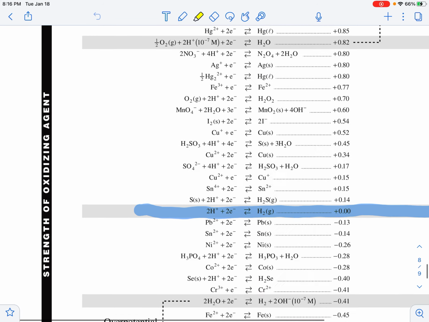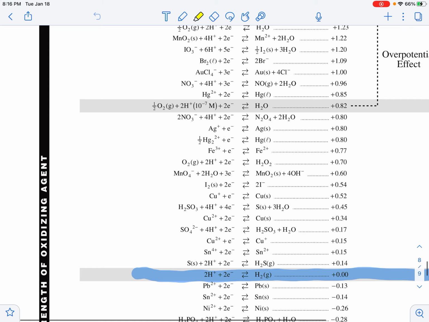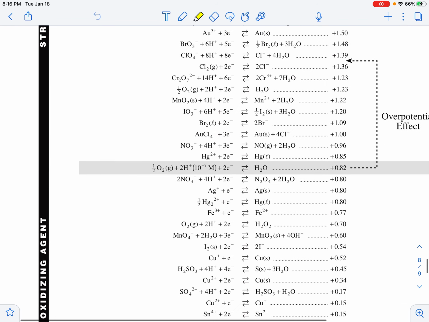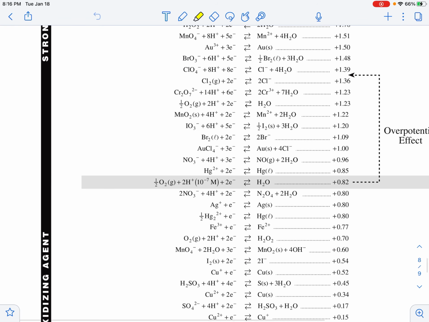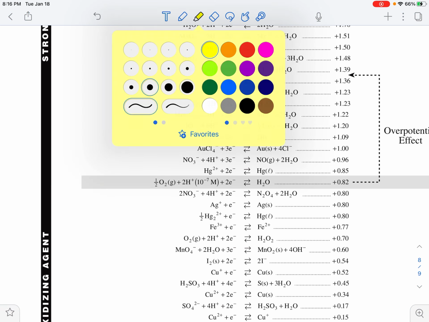I'll point out a couple that are interesting, and I'll make them pink just so you can see them. Look at the silver line and look at the gold line. Both of those, elemental gold and elemental silver, are quite high on the right hand side. They don't like to oxidize, which gives us a little insight as to why they are considered precious metals.